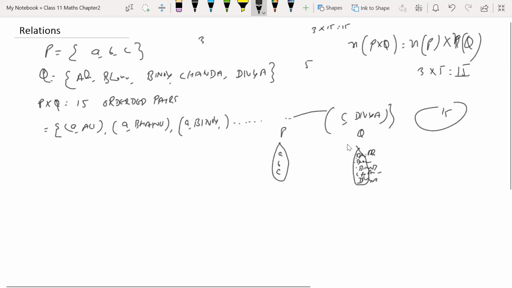So how can a relation be established? This is P cross Q. These are the elements of the Cartesian product P cross Q.